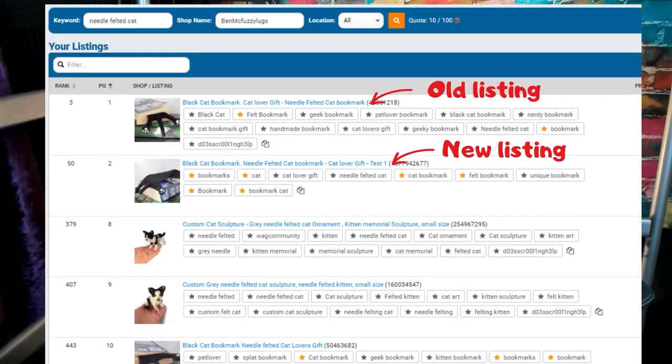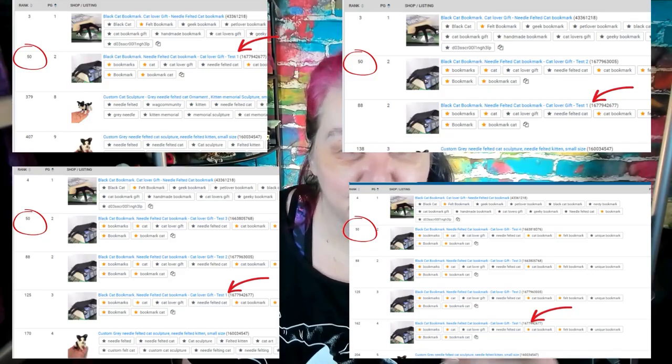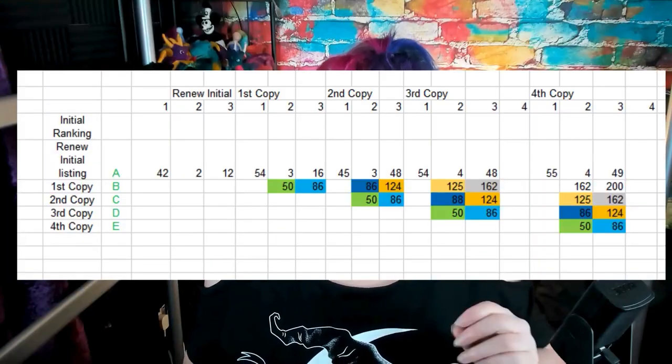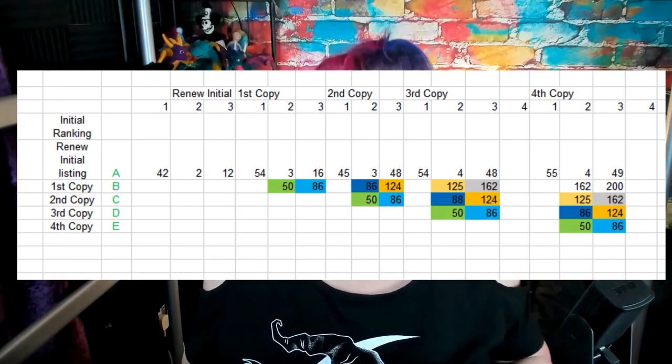All of my new clone listings were only able to rank for 2 of my keywords. The new listings always ranked lower than my existing listing, but each duplicate listing displaced the one before it. Exactly. They came into the exact same place as the last one had entered the search, and the listing below it displaced the one below that.